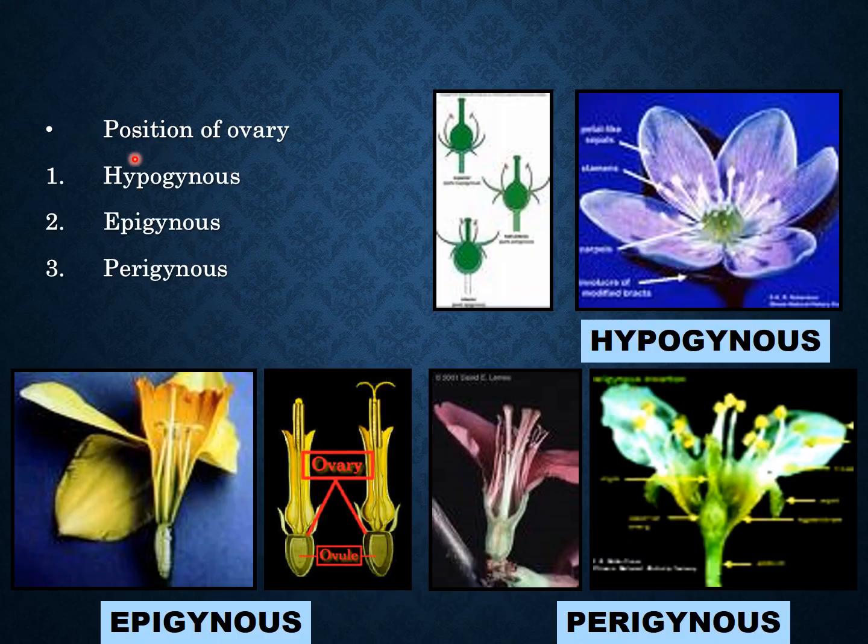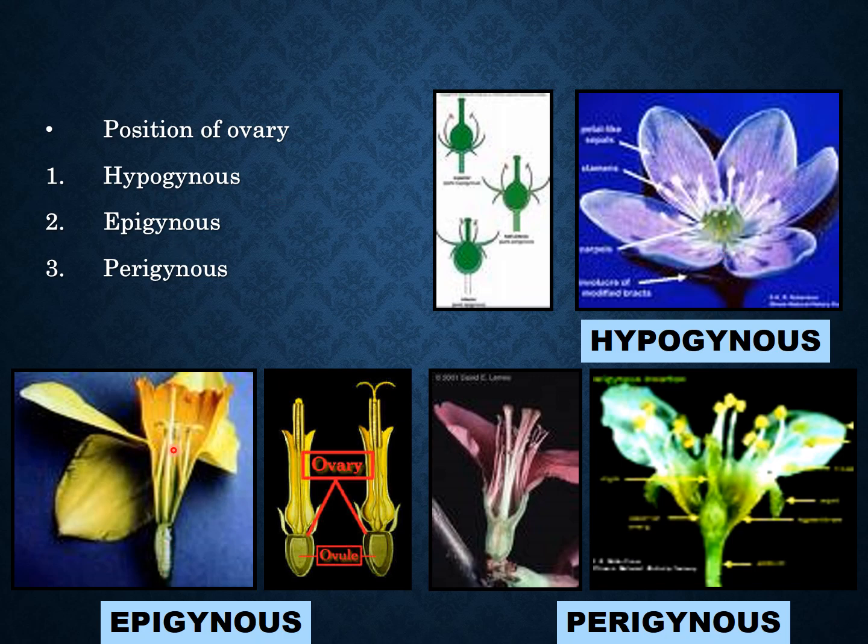On the position of the ovary, the flower can be hypogynous, epigynous, or perigynous. In a hypogynous flower, the petals and sepals arise below the ovary, and the ovary is present above the calyx and corolla. The ovary is called superior, and the flower is called hypogynous.